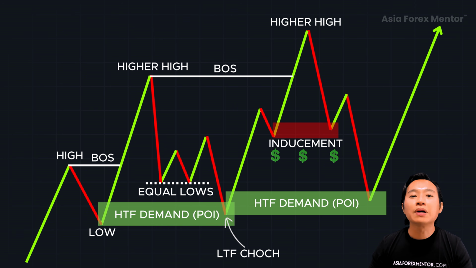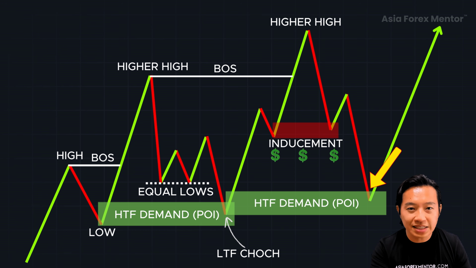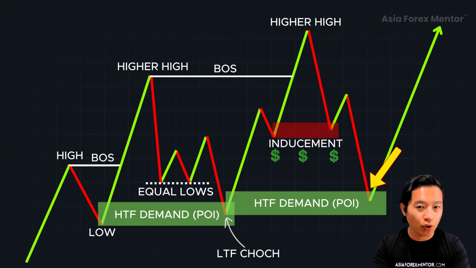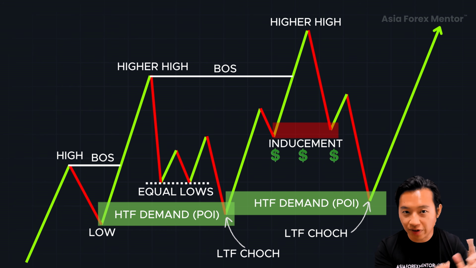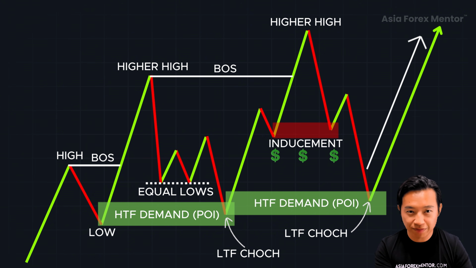So our next step is closely monitoring the price entering the higher time frame demand zone. Once price action is drawn into the higher time frame point of interest, we focus on the lower time frame. Within the higher time frame point of interest, we look for a change of character in the lower time frame, signaling a potential reversal.